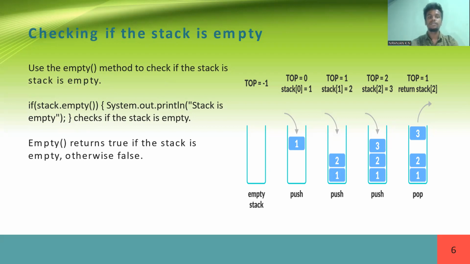So the code which has been used is if (stack.empty()) and in the curly brackets, we print the statement using System.out.println("Stack is empty"); ending that statement with a semicolon, which is used to check if the stack is empty. The empty method returns true if the stack is empty, otherwise it returns false.